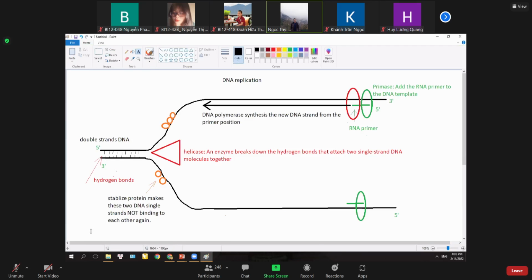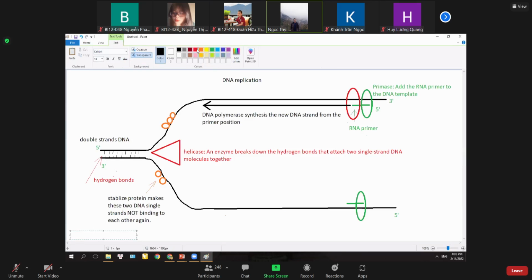And here, please note that DNA polymerase only works from 5' to 3' direction, not the other way.